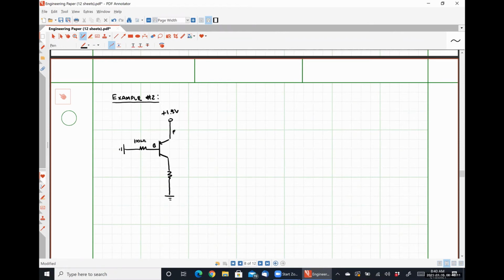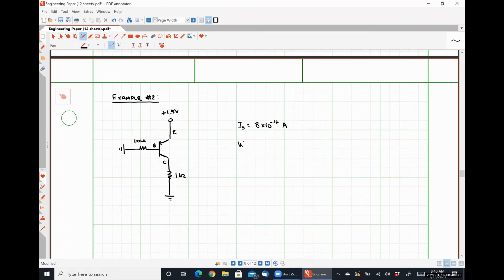B, E, C. I like to draw those just so I don't confuse myself. We are told that IS is equal to 8 times 10 to the minus 16 amps.